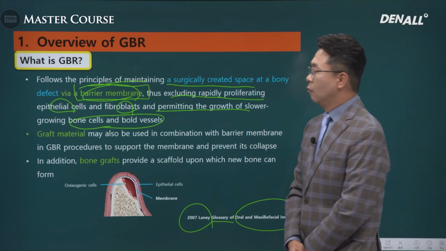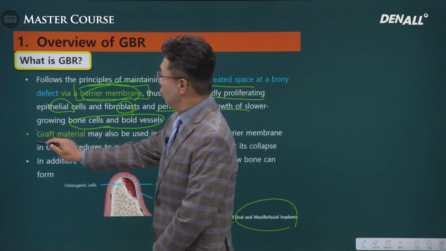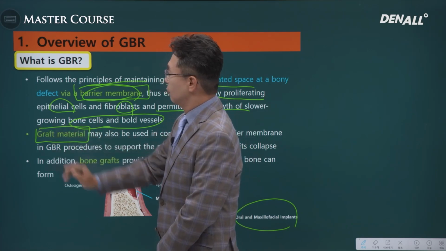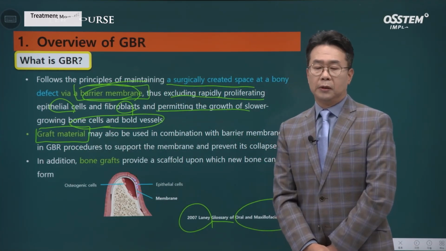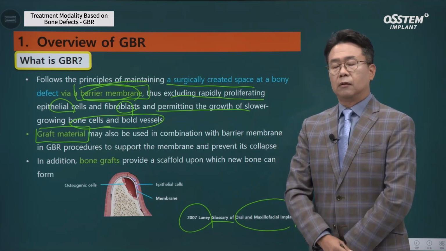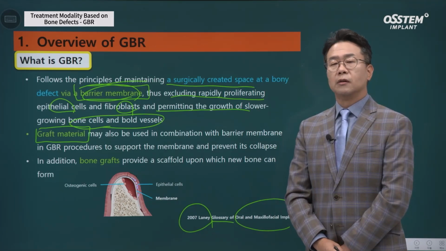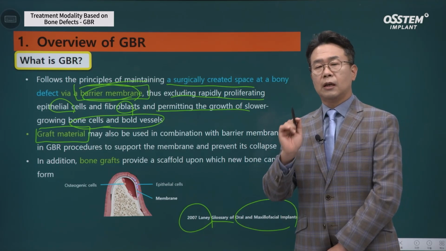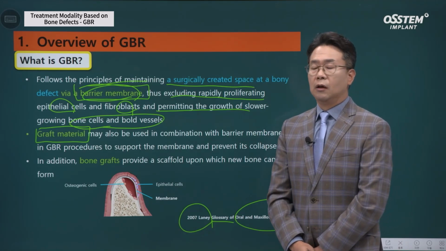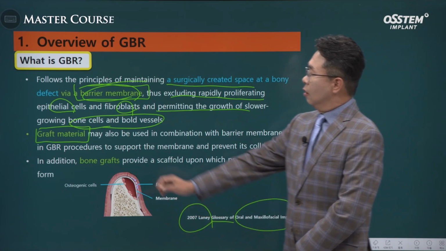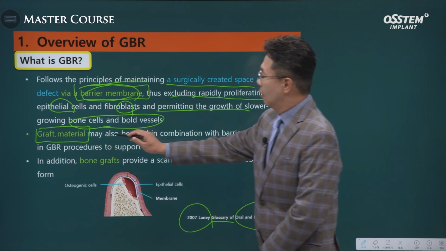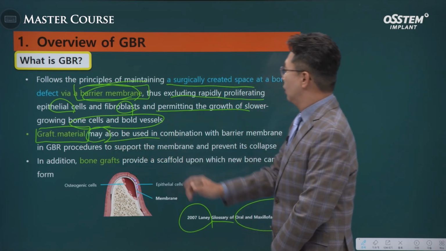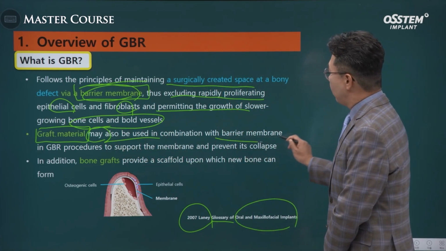There's something more here. It also talks about graft materials. The existing definition of guided bone regeneration only discussed membrane. However, this definition also includes the bone graft material.